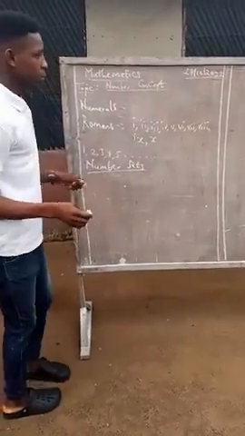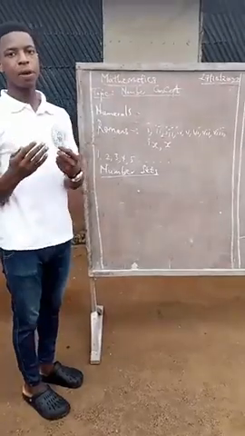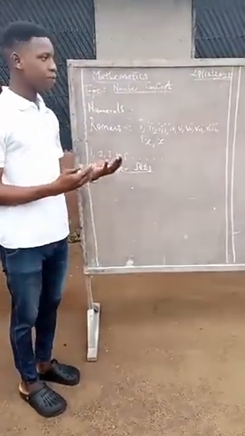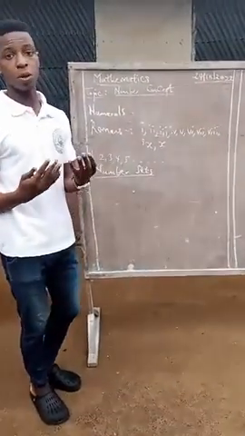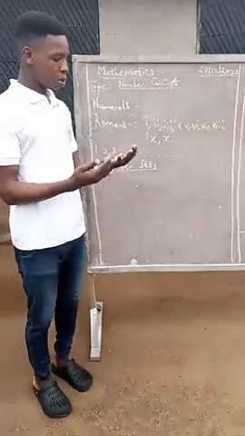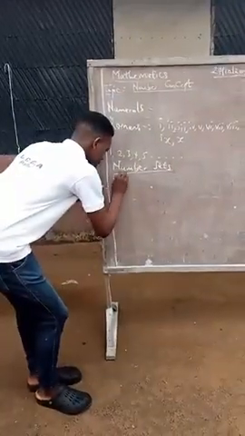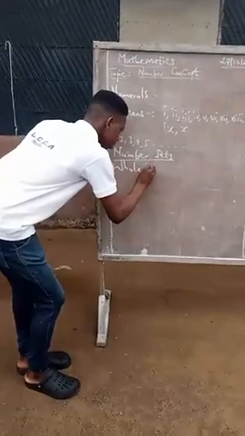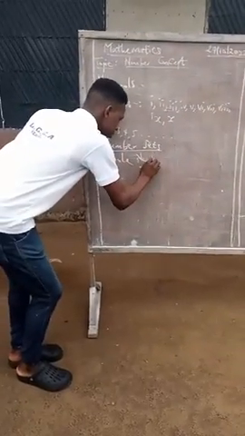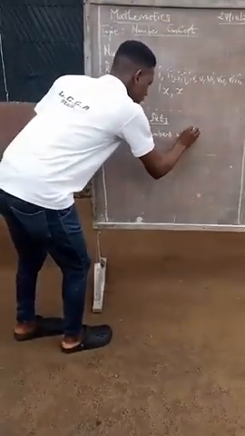Number sets. In number sets we have the whole numbers, which can also be known as counting numbers.